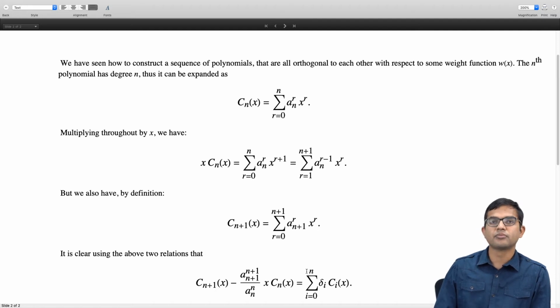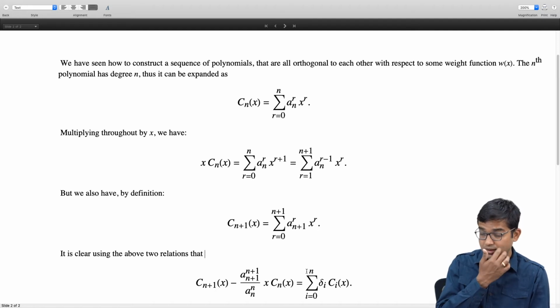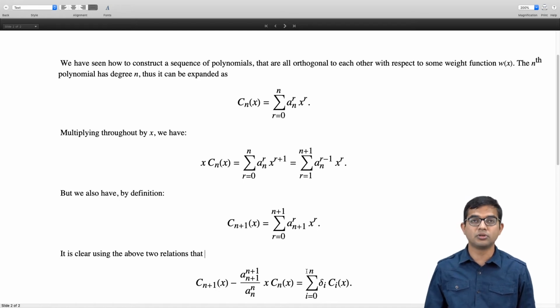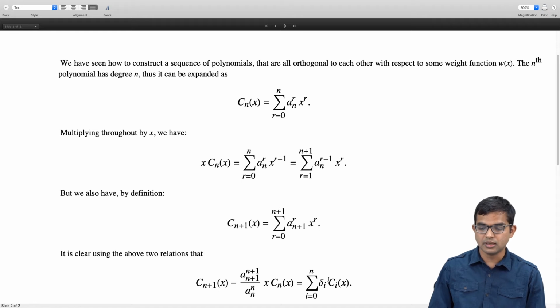So in general, you have a degree n polynomial, and we know that these orthogonal polynomials form a basis for all polynomials up to degree n. So you can consider this nth degree polynomial on the right hand side and expand it in terms of these basis functions.